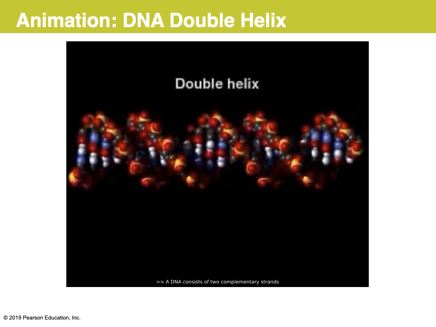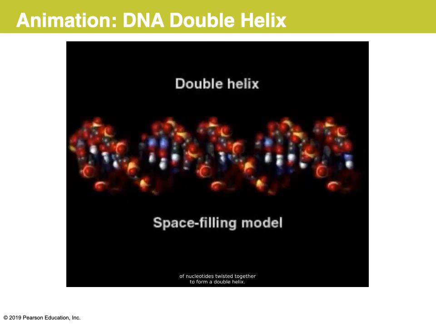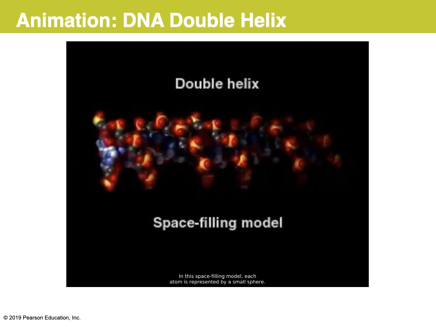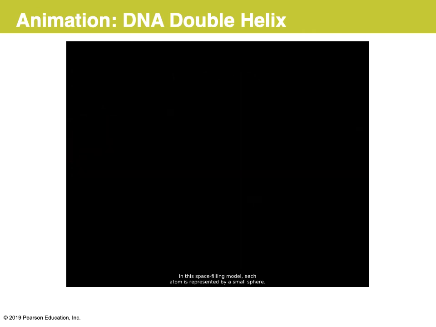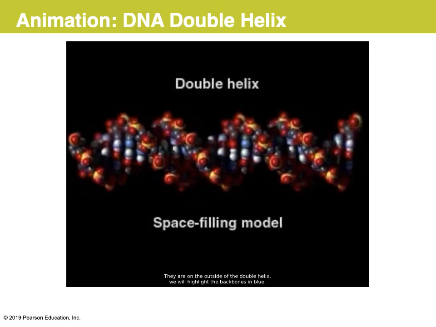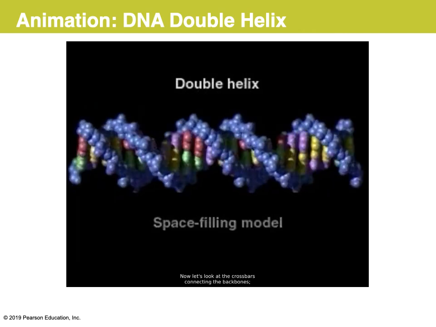DNA consists of 2 complementary strands of nucleotides twisted together to form a double helix. In this space-filling model, each atom is represented by a small sphere. The yellow and red phosphate groups make the 2 sugar-phosphate backbones easy to spot. They're on the outside of the double helix. We will highlight the backbones in blue. Now let's look at the crossbars connecting the backbones.